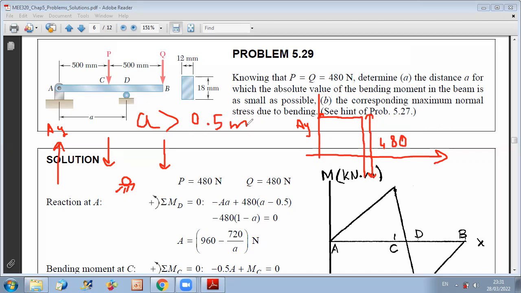So for A larger than 0.5 meters, if you replace here, you will see that the reaction at A is smaller than 480, okay? So of course, after the downward jump of 480, we'll get a negative value of the shear. Now the shear will remain constant until D. At D, you have an upward reaction, DY.